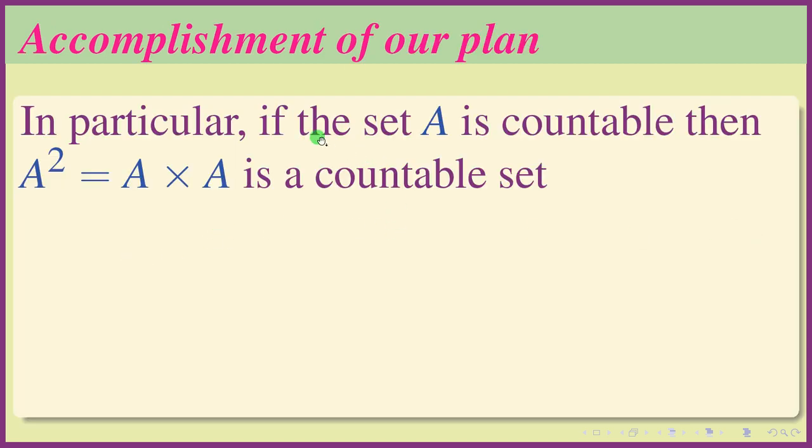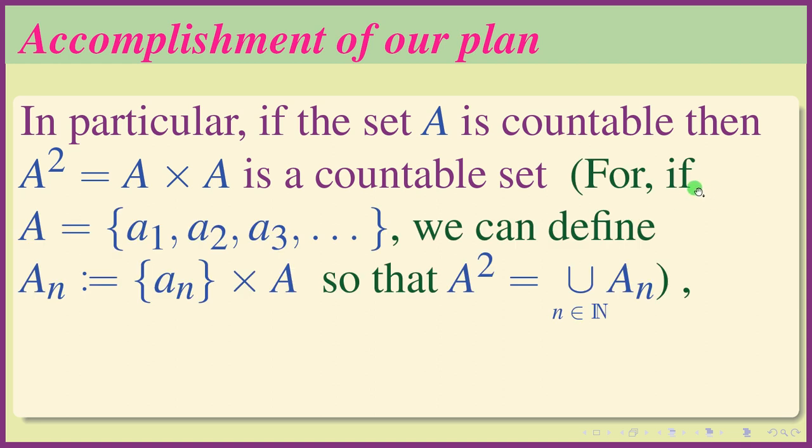In particular, if the set A is countable, then this product A times A is also a countable set. This is done like this. If A is countable, then we can write A in the form of a sequence, and then we can define a set A_n consisting of all ordered pairs whose first coordinate is a_n fixed.